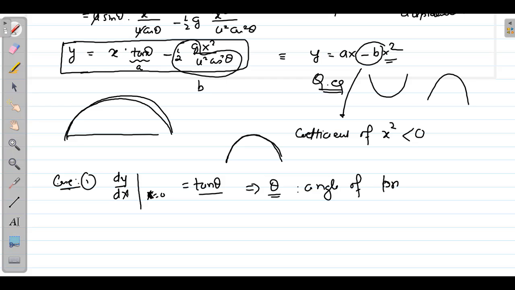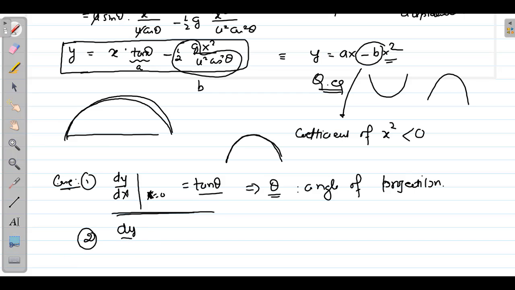So in many problems, if we have to find the angle of projection, it will be helpful if we can find the data which can be used to give dy by dx at x equal to 0 equal to tan theta.